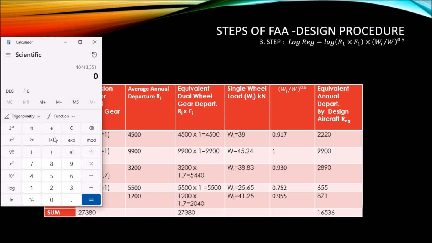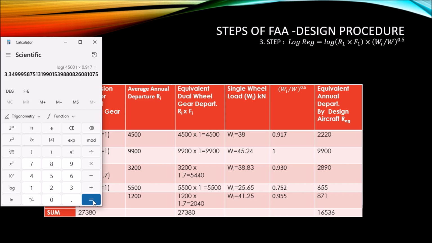We say 4,500, the logarithm of it. This is what we have. We multiply it by 0.917. This is what we have. So I have this value. We have to convert it.